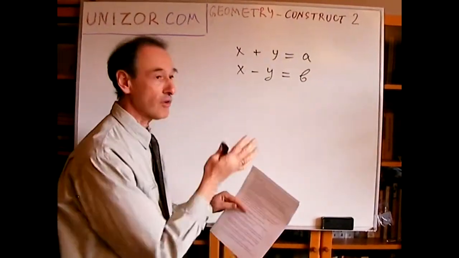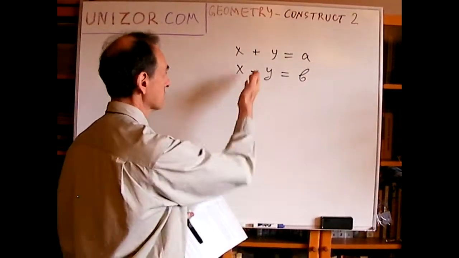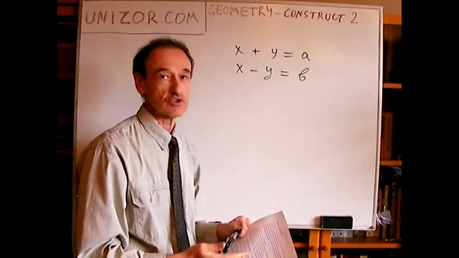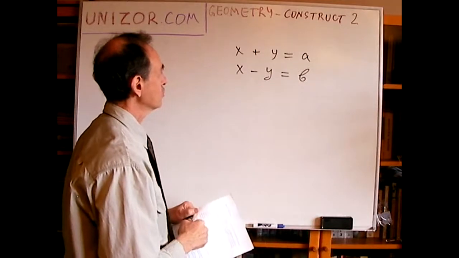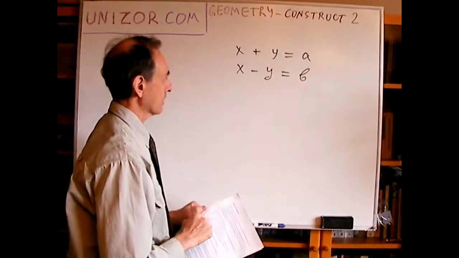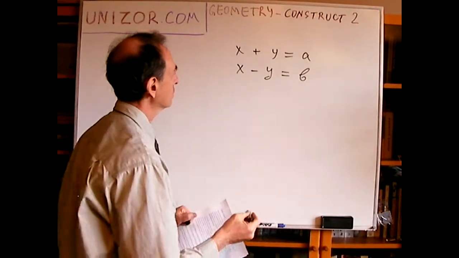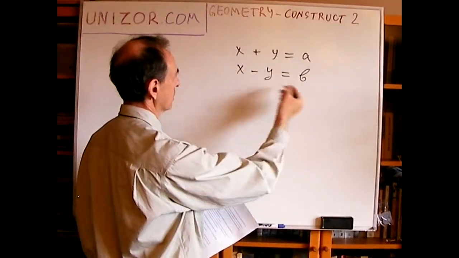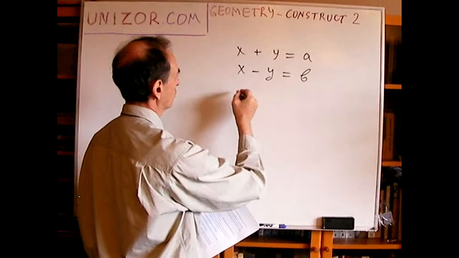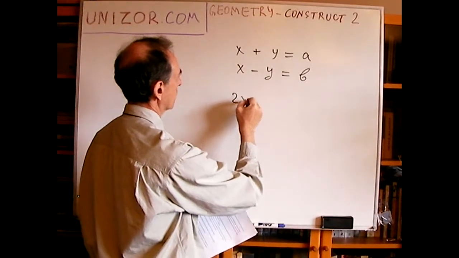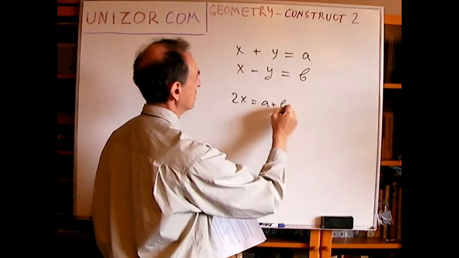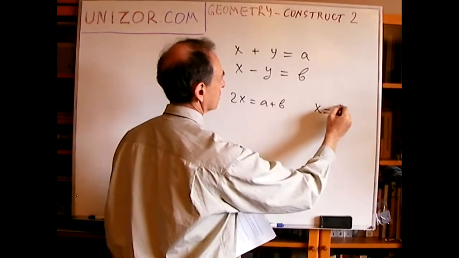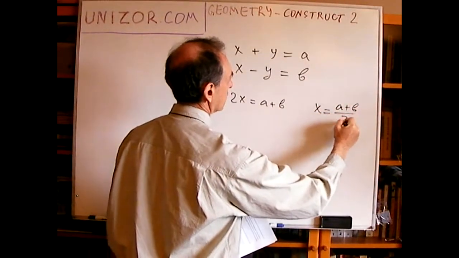Well, let's approach this algebraically and consider this as a system of equations which you have to resolve for x and y. Since both equations can be added together, you would have 2x equals a plus b, from which x is equal to (a plus b) divided by 2.